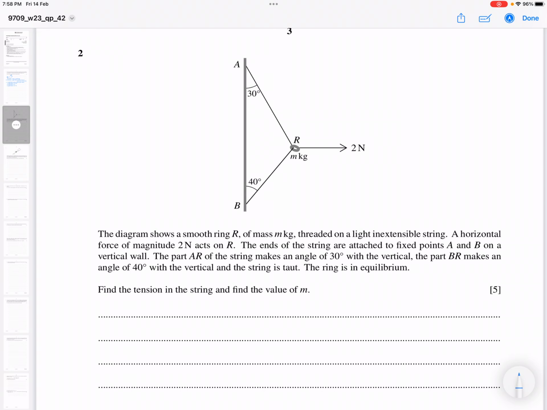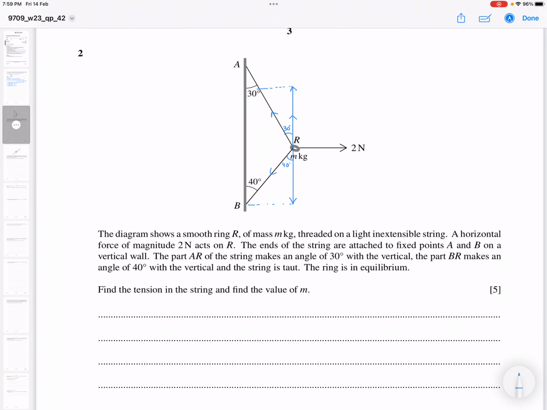So if I start making a diagram on this, this is my tension in this way, tension here in this way, so 30 comes here and 40 comes here due to alternate angles.